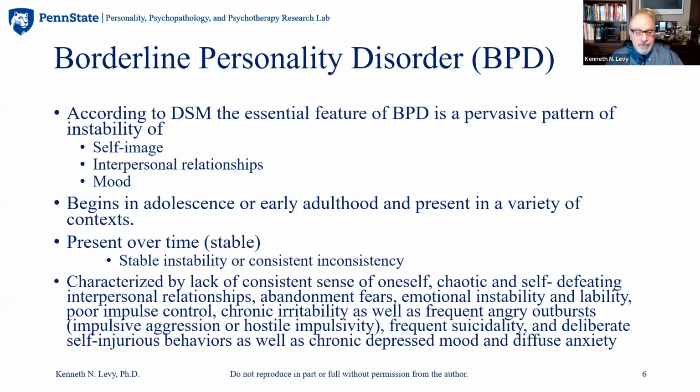The disorder itself, as I indicated, is stable over time, even though there are these unstable aspects to the way the person functions. Sometimes it's referred to as stable instability or consistent inconsistency. And borderline personality disorder is characterized by a lack of consistent sense of oneself, what we refer to as identity disturbance or identity diffusion.